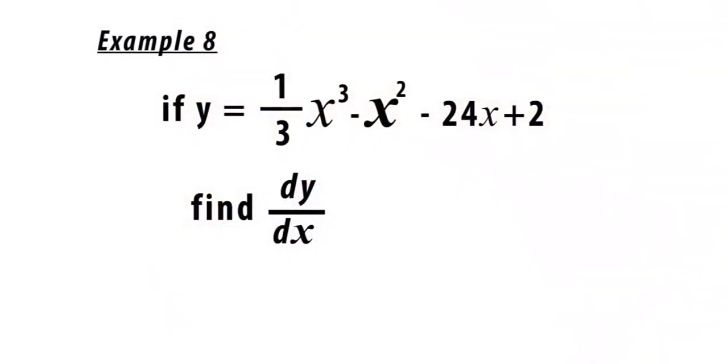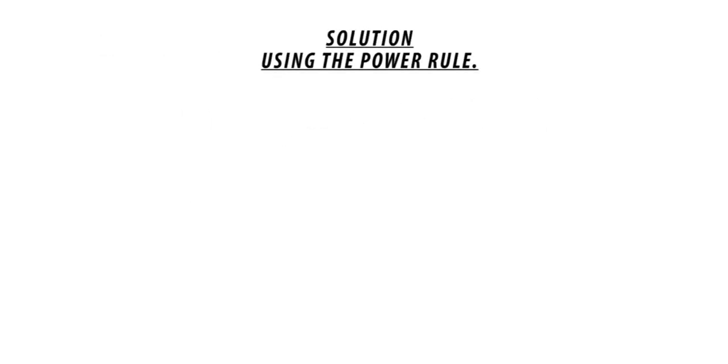Take another example. If y is equal to 1/3 x cubed minus x squared minus 24x plus 2, I want us to find dy/dx. Let's take the solution. Again, there are 4 terms in this.